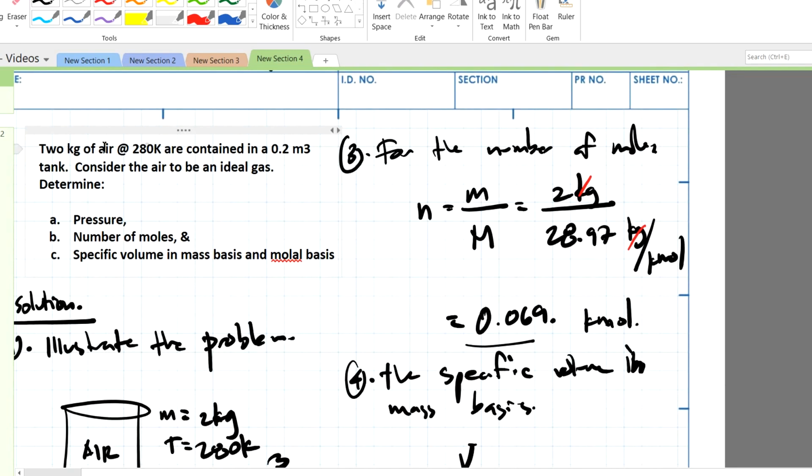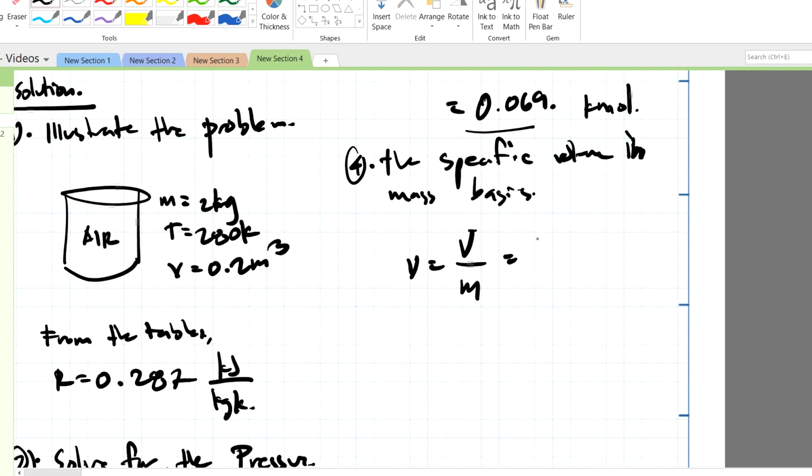Total volume is 0.2 cubic meter divided by 2 kg, and this is 0.1 cubic meter per kilogram.